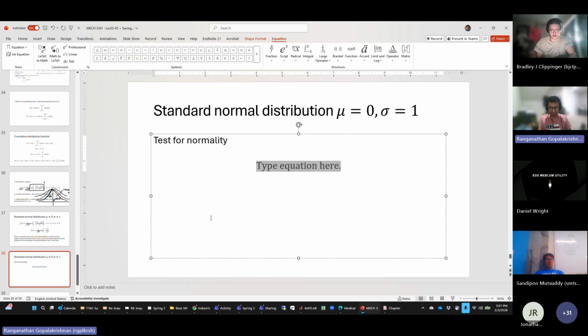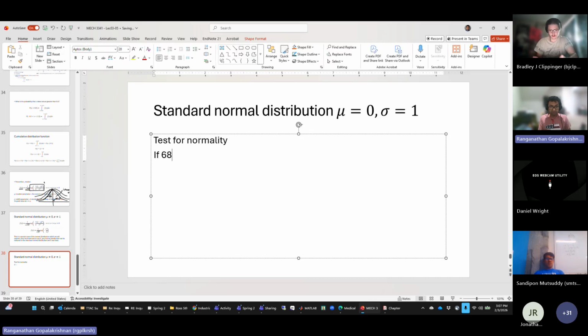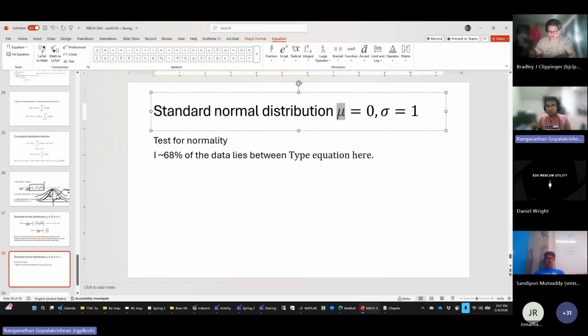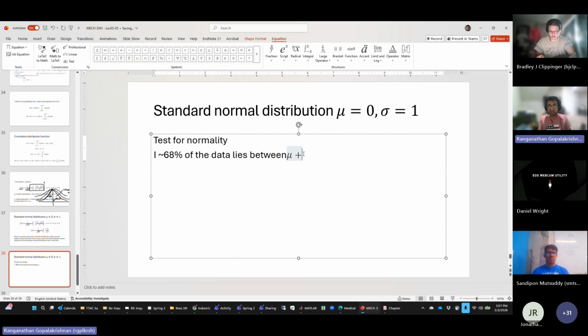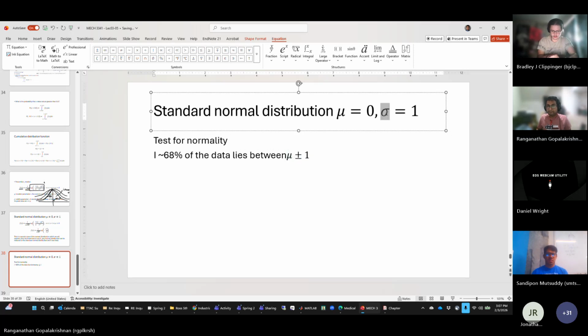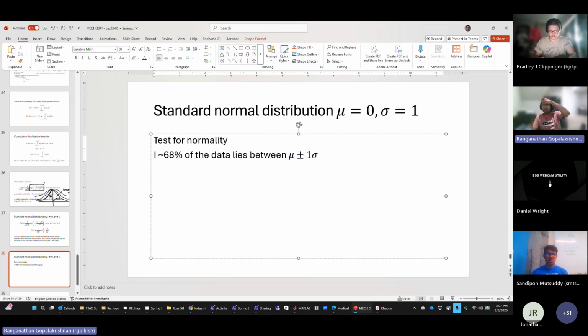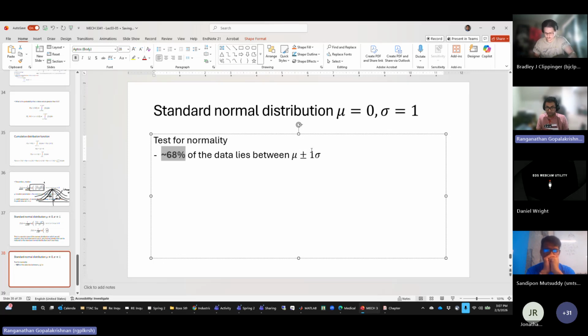One of the tests was if approximately 68% of the data lies between mu plus minus 1 sigma. That's the first test for normality, that 68% of the data lie within 1 standard deviation of the mean. We are now going to figure out where this 68% came from. That's what we're going to explore right now.